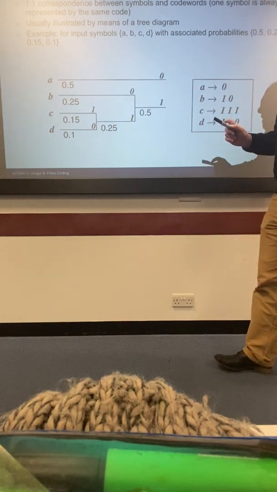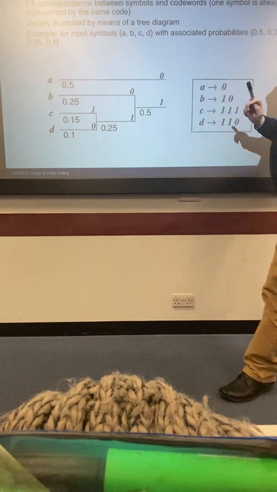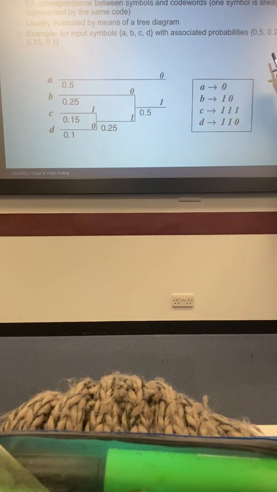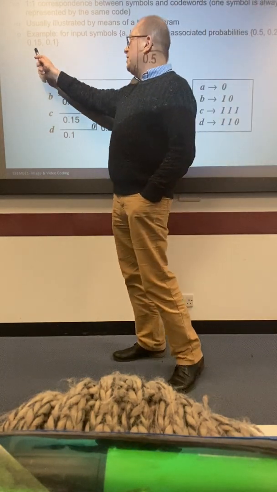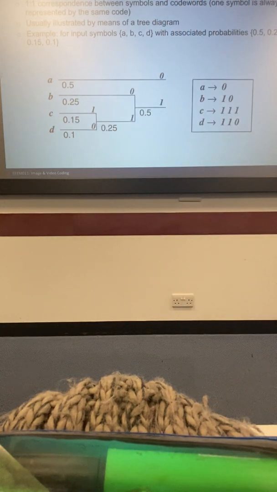So let us assume that I have 4 symbols, A, B, C, D, with associated probabilities 0.5, 0.25, 0.15, and 0.1. Now, you remember, the symbol that is most frequent, with the highest probability, we want to have a short code. That means the symbols that have low probability, we want them to have a longer code.